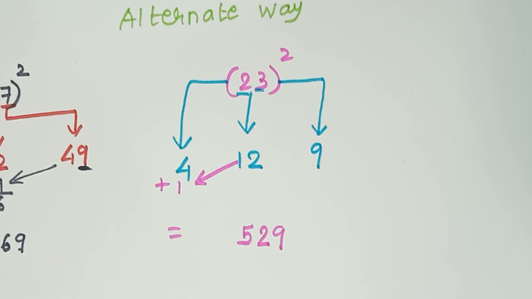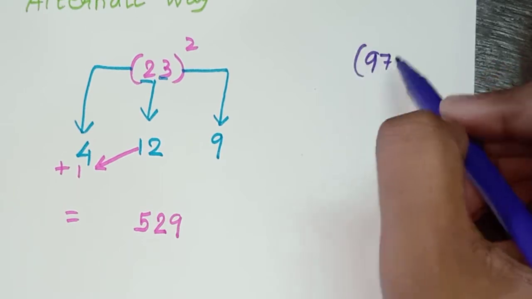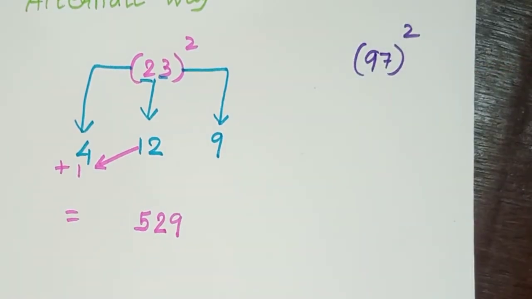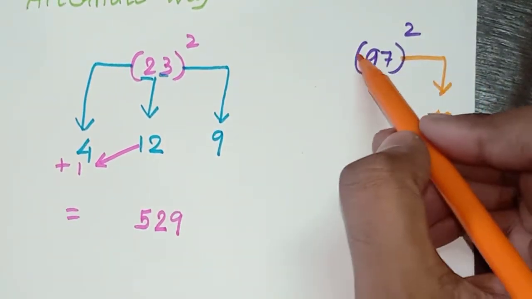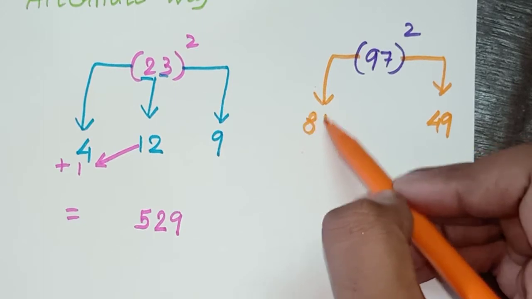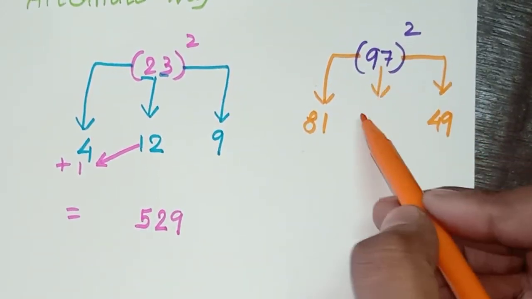Let us go one more, 97 which we have done, 97 square. Alright, the last one which I have, 59, I will show it here. Okay, so 7 square again 49, 9 square 81. Now 7 9s are 63 and 63 2s are 126, right?